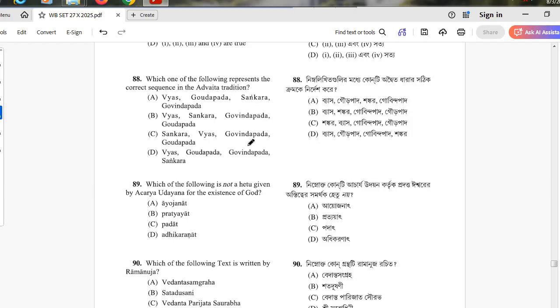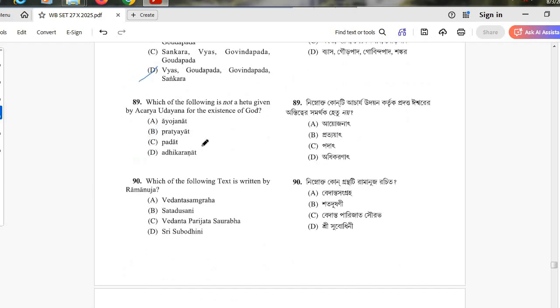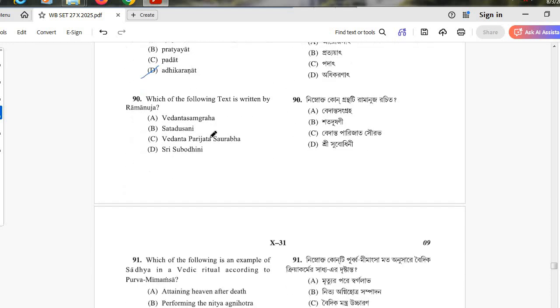Question 88, correct answer option D. Question 89: Which of the following is not a hetu given by Acharya Udayana for the existence of God? Ayojanat, Pratyayat, Padat and Adhikaranat. Question 89 is option D, Adhikaranat.